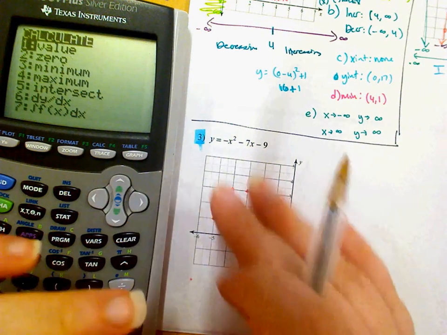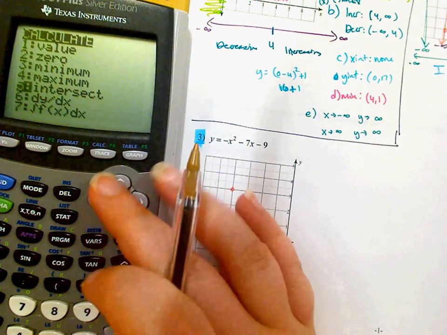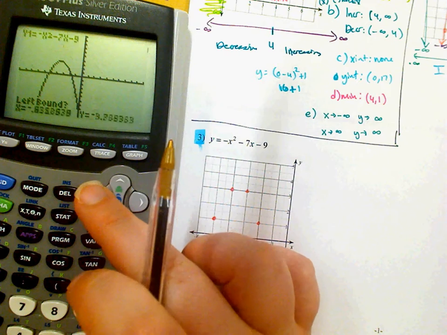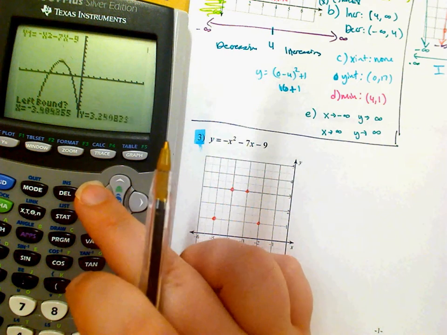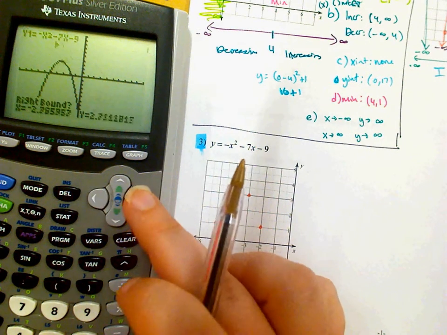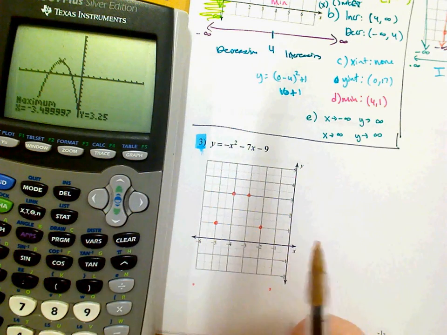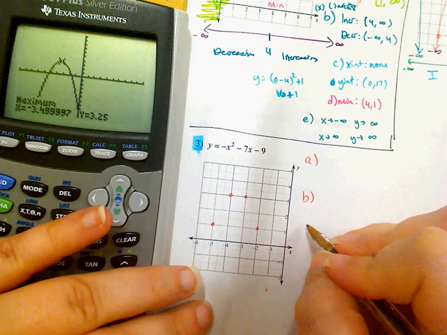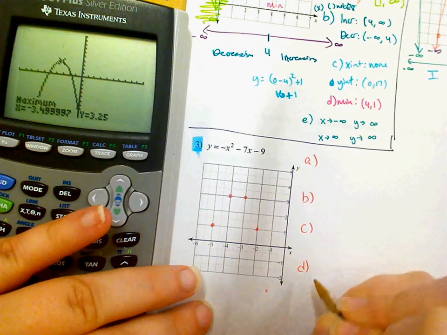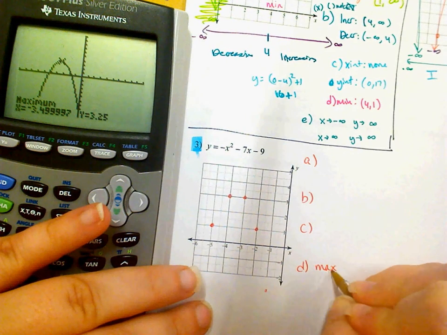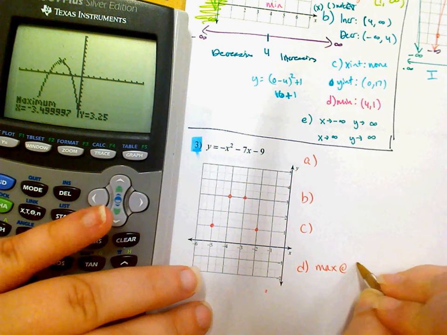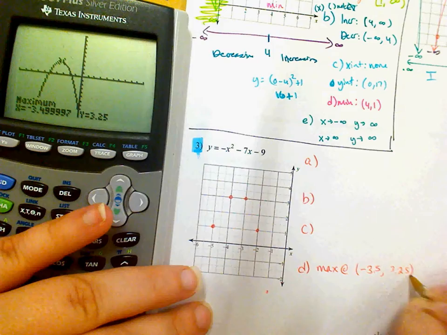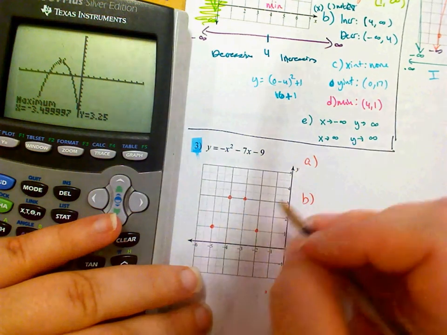So maximum, and I'm going to go to the left of the max, and then go to the right of the max, and press enter, enter, and I get that we have a max at the point negative 3.5 basically, and 3.25. So negative 3.5 and 3.25. So here's 3.5, so 3.25 is like right there.